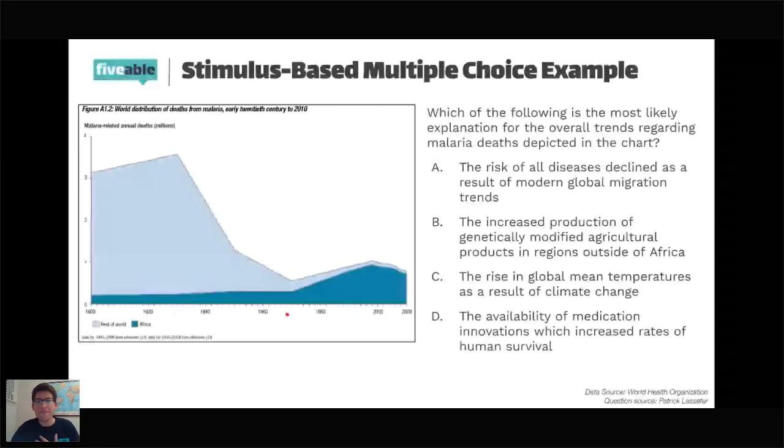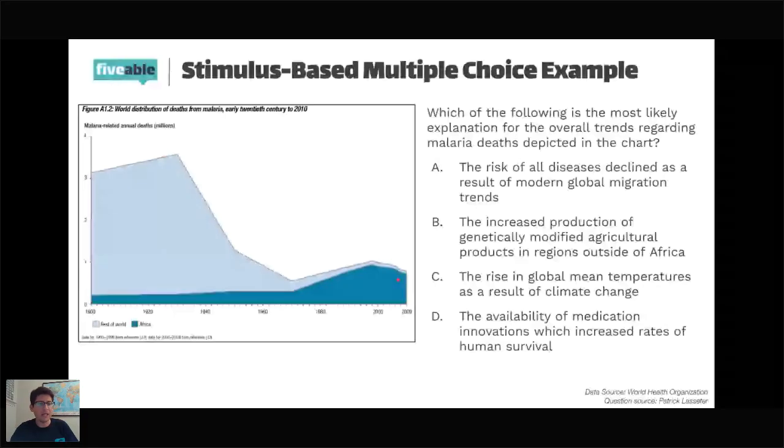Let me see. Which of the following is the most likely explanation for the overall trends regarding malaria deaths depicted in the chart? So what I'm looking at here is the overall trend. You had 3 to 4 million people dying from malaria in the first half of the 20th century, and now you have less than 1 million people dying from malaria.